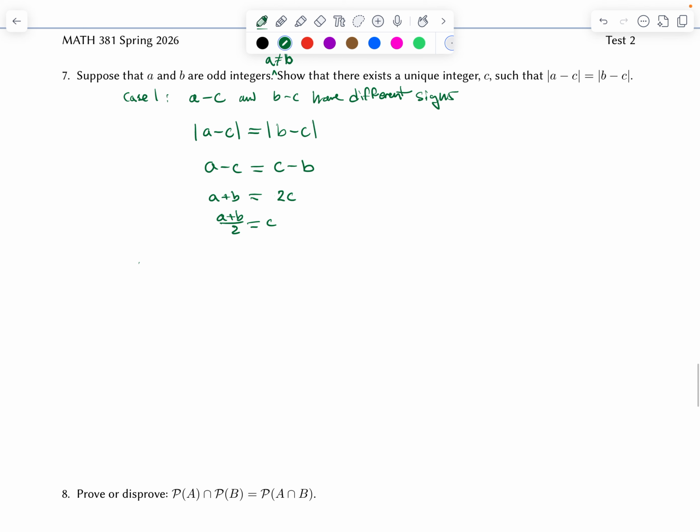Case 2 is that a minus c and b minus c have the same sign. Then a minus c equals b minus c.